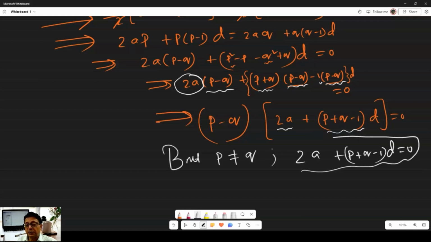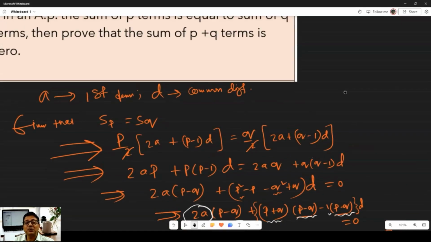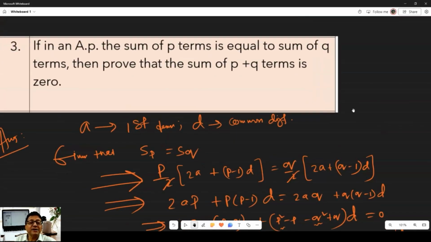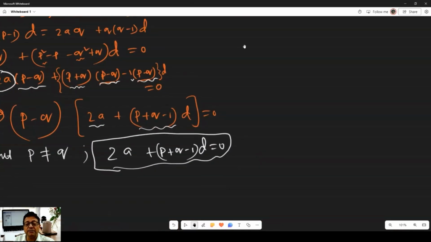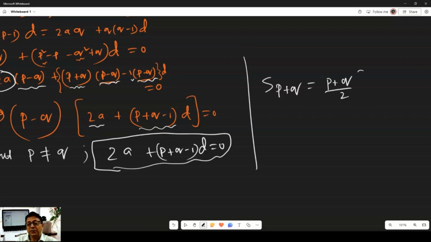This information we have got from the given information. Okay? One information given, we have drawn a conclusion. We have written another information from there. Now to prove the sum of P plus Q terms is 0. See the sum. What is the sum of P plus Q terms? This is (P plus Q) by 2 times (twice A plus ...) and this part is 0.